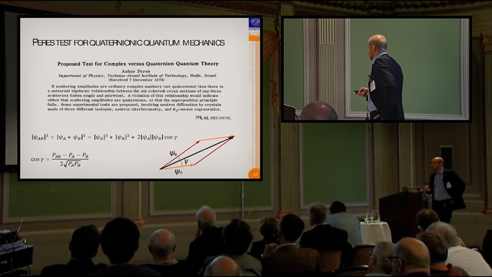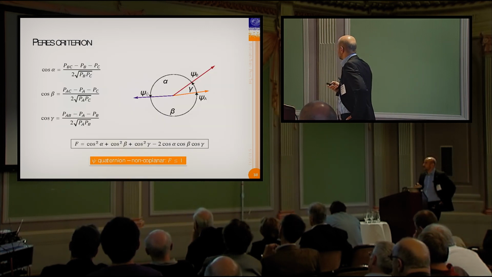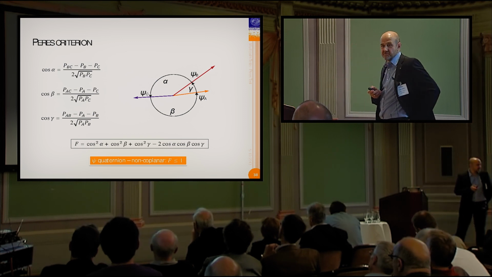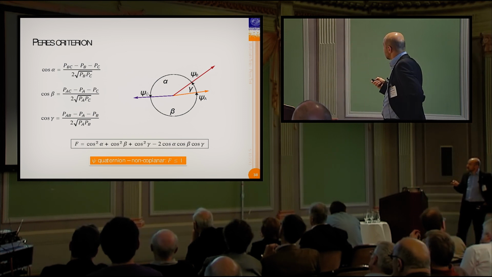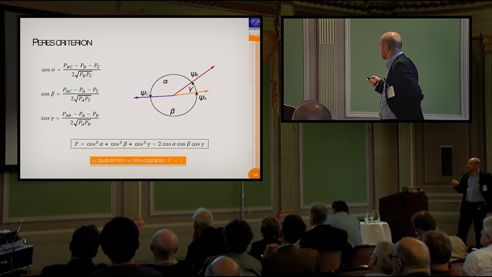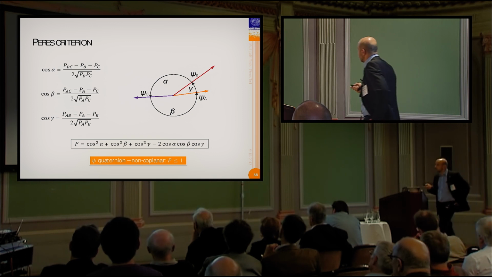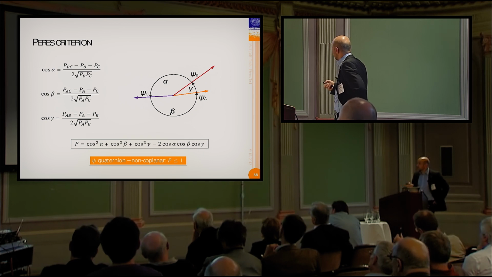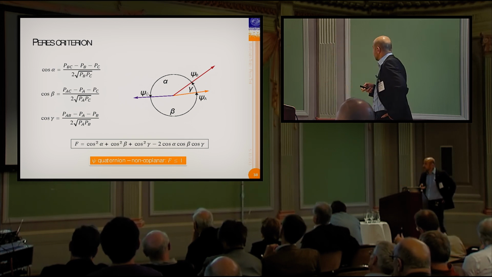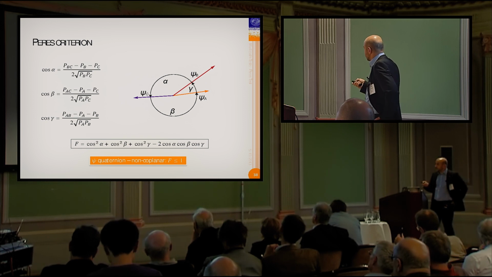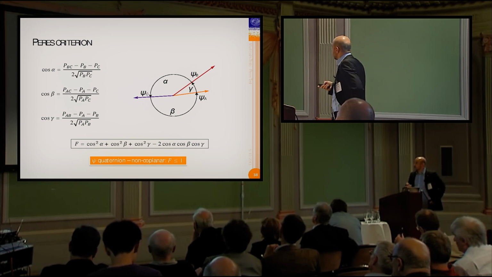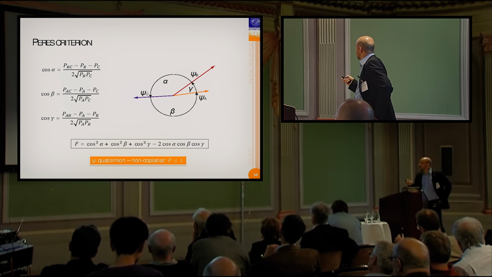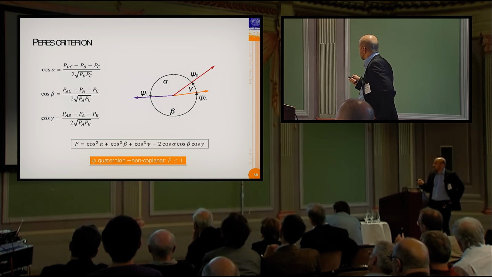Now if I do this with three again, so here again our three slits or our three interference paths, then these angles are not all independent. In fact, they have to sum to a whole circle. And Peres put this into an expression here that relates the cosines of these angles. If our f here is 1, then that means that the psi's are represented by complex numbers, and these angles all lie in a plane.